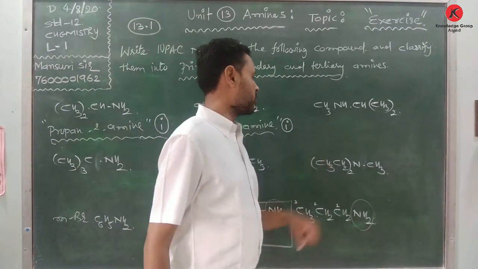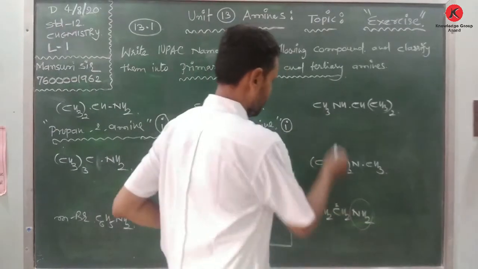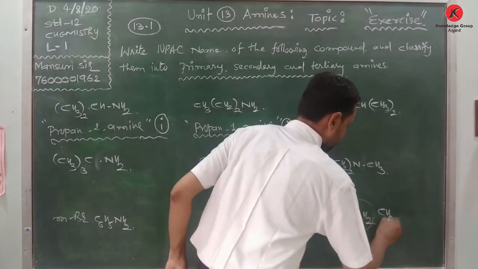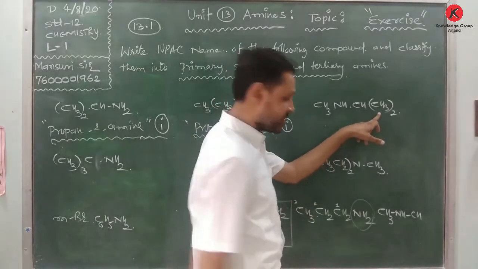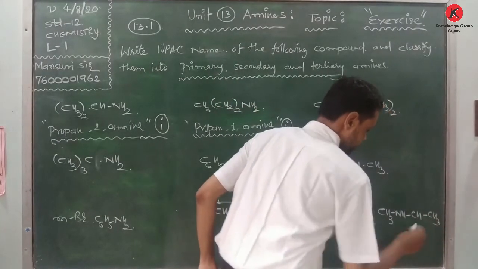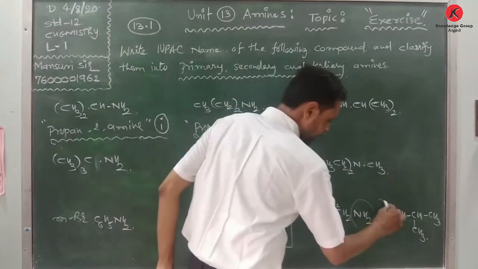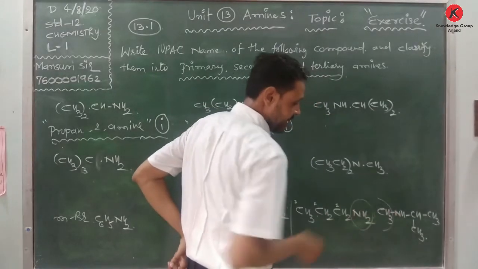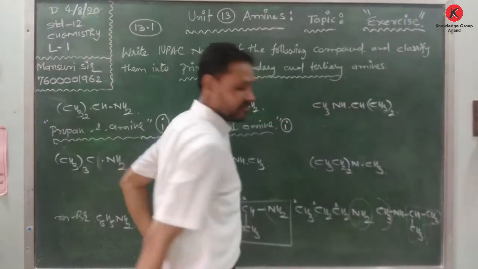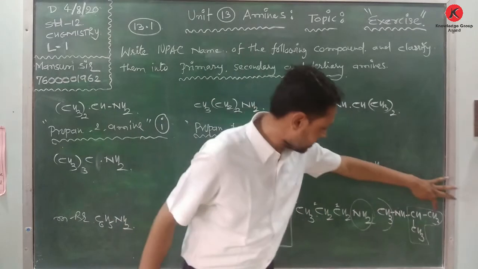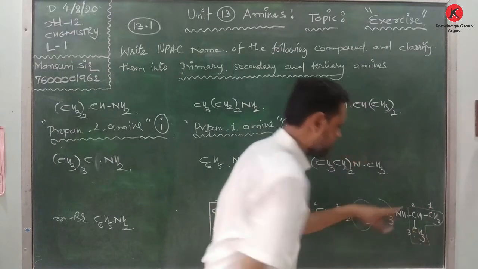Okay, now the third structure, CH3 NH CH (CH3)2. So this structure can be written like this. Here CH, now CH3 twice means one CH3 is here and the second CH3 is like this. Right? So here N contains a methyl, N-methyl. Now this is propane, and carbon 2 contains the amine, the second carbon which contains nitrogen.